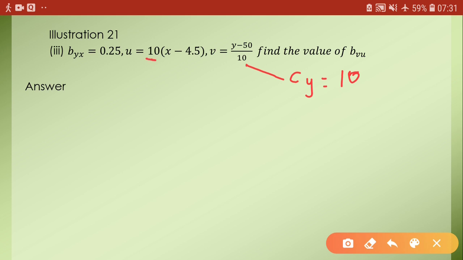If it is multiplied or divided, we have to consider it. Remember one thing: division I taught you, multiplication I'll teach you now.